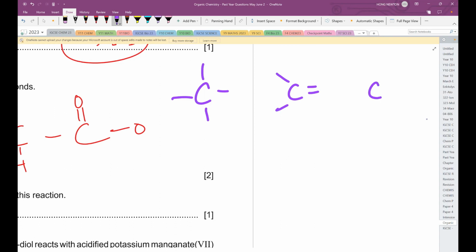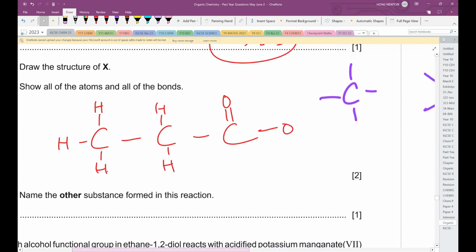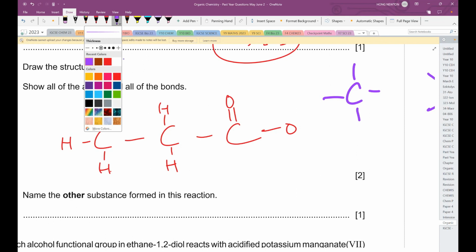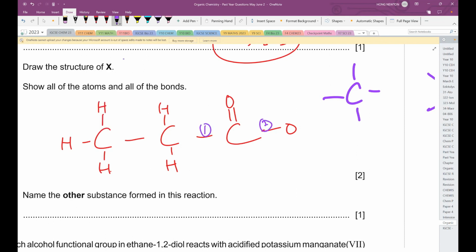Then this carbon already has 3 wives. Can you marry some more? Yes, 1 more extra only, like this. Therefore, how many bonds over here? 1, 2, that means 3 and 4.